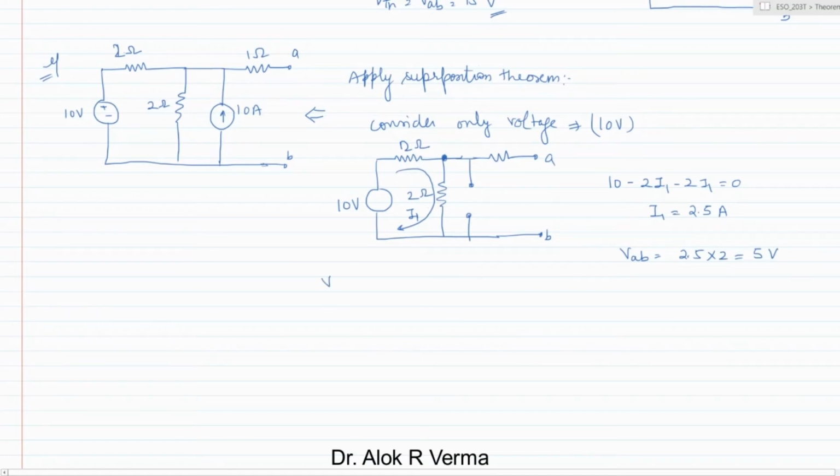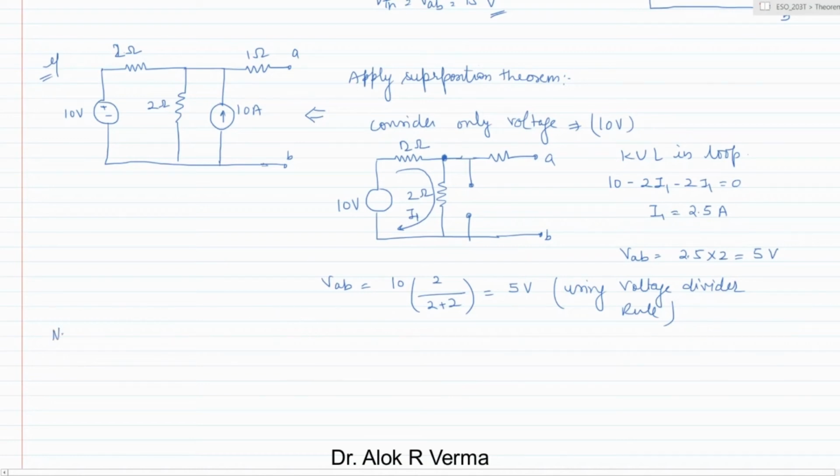Similarly, VAB is nothing but 10 times 2 divided by 2 plus 2, which is 5 volts, using the voltage divider rule. This is KVL in loop 1. Anyway, there is only one loop, so this is the voltage.